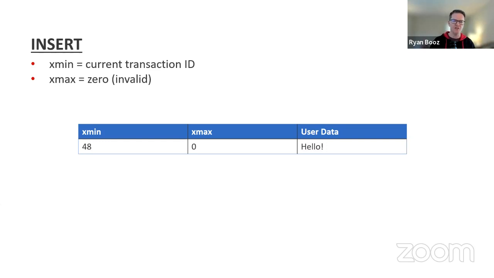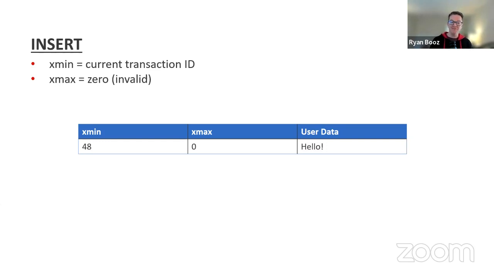So when I insert a new row or a new tuple of data, there are actually hidden columns in every single table in Postgres called xmin and xmax, along with some other columns that are necessary. We'll see one or two of them in a minute. Xmin is the transaction ID that created this row, and xmax is the transaction ID that expired this row. So in technical terms, we call it the creation ID and the expiration ID.